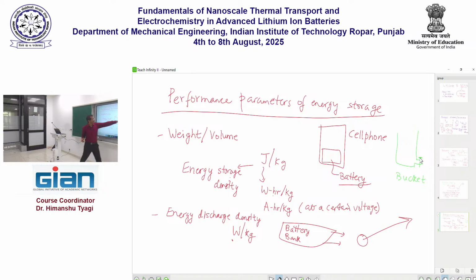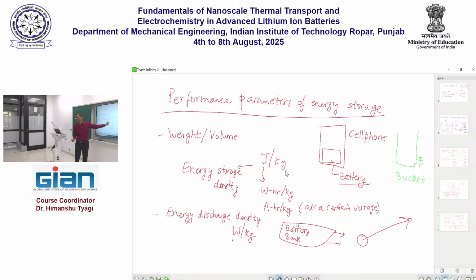How much water this bucket can store is related to the first characteristic, the energy storage density. How much water can I store in it, right? And then if I open this valve, the rate at which I can get water out of this bucket is the second characteristic.